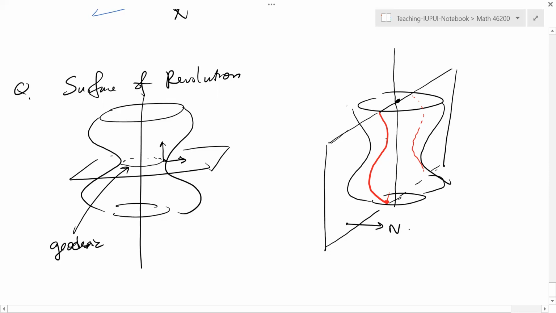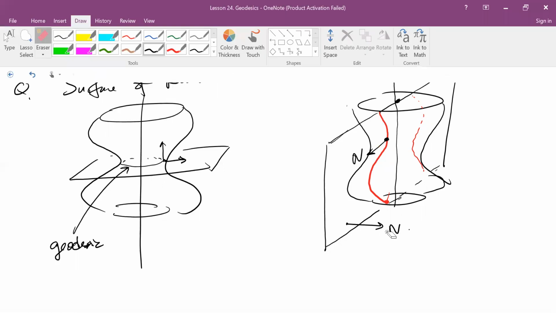What is the normal vector to this plane? I'm pretty sure the normal vector to the surface at that particular point lies on the plane. If you can show that, then that's two perpendicular, right? Can you see that?